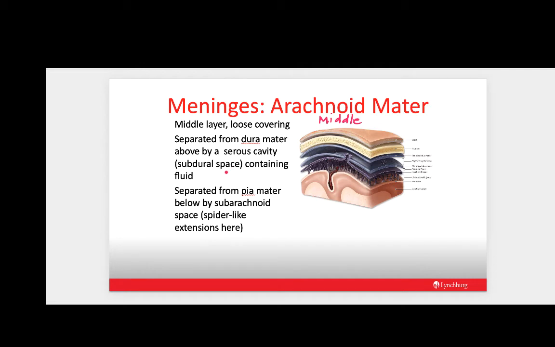And above it, we've got the subdural space, which is in between dura mater and arachnoid mater, and that contains cerebrospinal fluid, like we talked about. And then underneath it, we've got pia mater, which is going to be our deeper layer. But arachnoid mater is basically our middle layer of meninges underneath the dura mater.